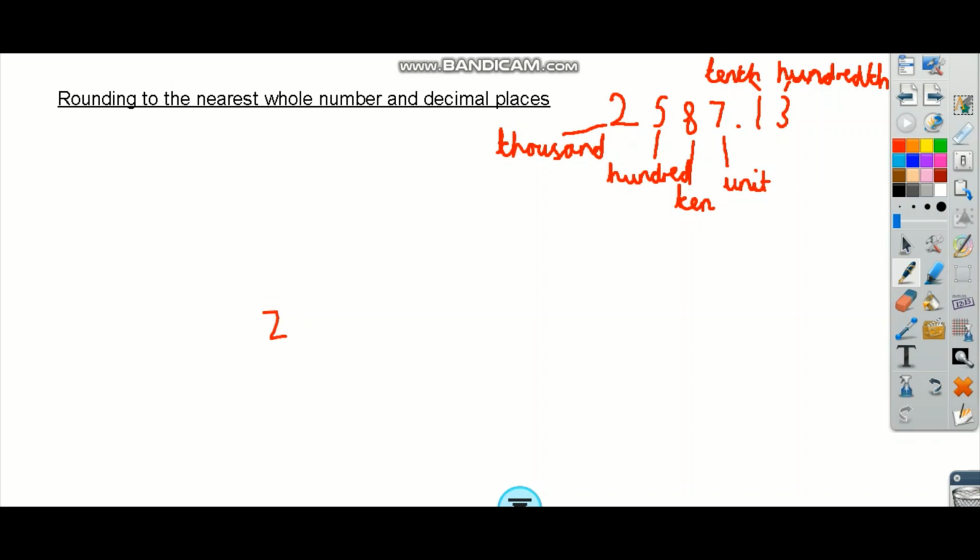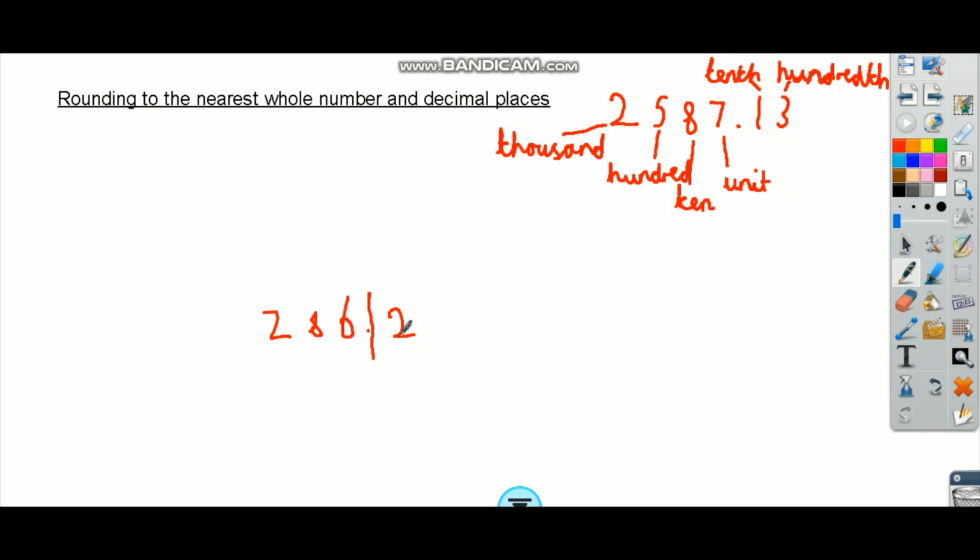Now, when you want to round to the nearest whole number, for instance, say you had a number like 286.2. First, you'll need to look at the number after the decimal point, so put a line through the decimal point as well. Now you see whether 2 is bigger or less than 5.